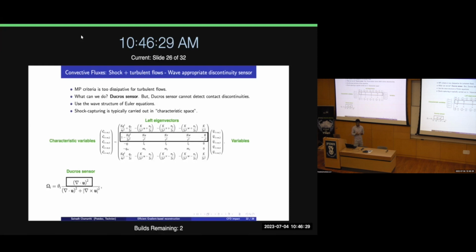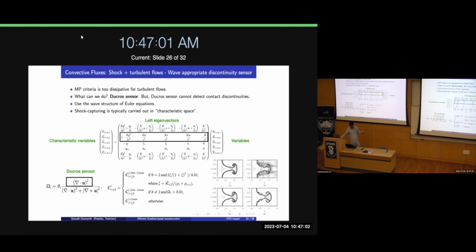To overcome that issue, we have what is called a selective sensor approach, because we know that the second wave in the Euler equations is the entropy wave. So we apply the Ducros sensor for the 1, 3, 4, and 5 waves, and the contact discontinuity sensor for the second wave.